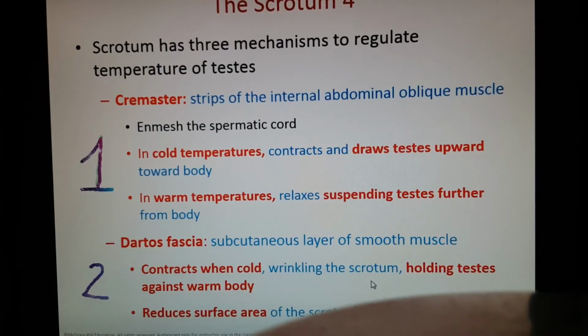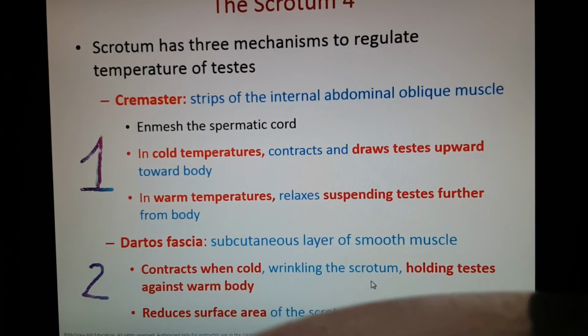The other mechanism to regulate the temperature is the dartos fascia. So it's, again, another muscle that helps by contracting and adjusting where the scrotum is in relation to the body. This muscle will contract when it's cold, which helps to wrinkle the scrotum and hold the testes against the body. So again, bringing it back towards the body, helping to warm it up when it's cold. In this case, it helps to reduce the surface area.